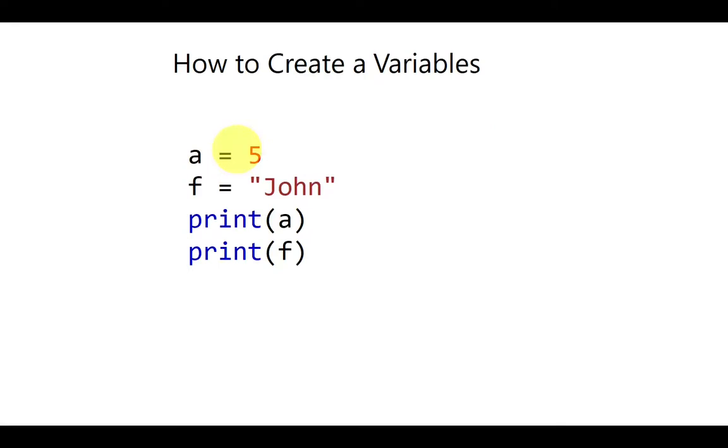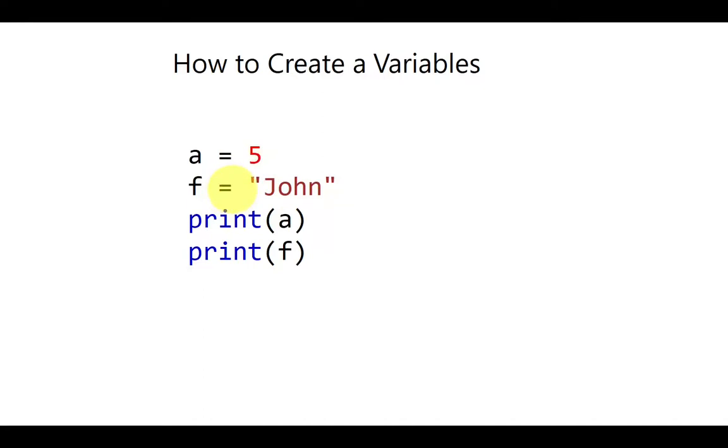How to create a variable? We have our variable, which is a, and our value, which is 5. We also have our variable f, and we have our value, which is John, and John is a string. 5 is an integer, and this equals sign is our assignment.